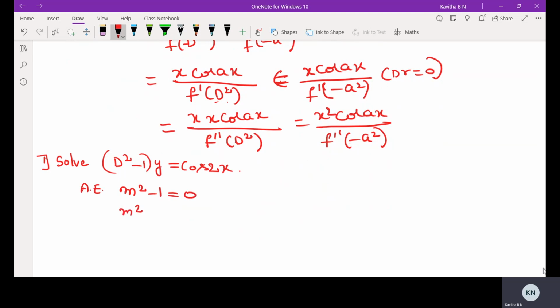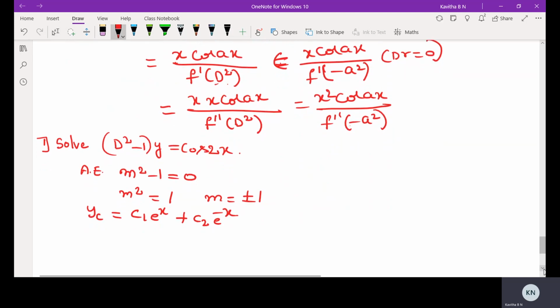Here m square is equal to 1, so m is equal to plus or minus 1. Then write down yc: yc is equal to c1 e to the power of x plus c2 e to the power of minus x.